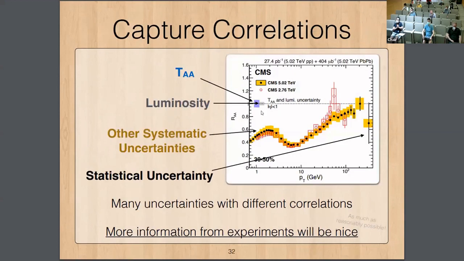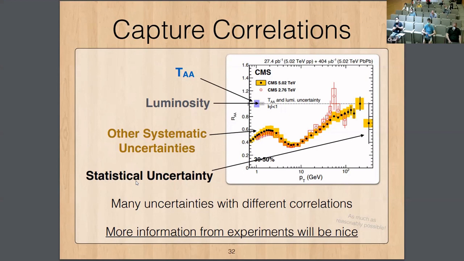If we look at one example from the experiments, for example, this is a nice measurement from CMS. We can see that, first of all, there are some global uncertainty factors, like the TAA and luminosity. And then there are two big categories of the uncertainty. One is the systematic uncertainty, which is everything else. And then there's the statistical uncertainty.